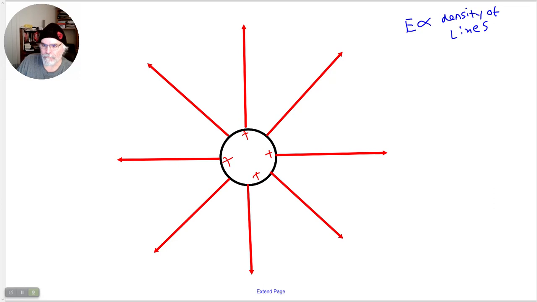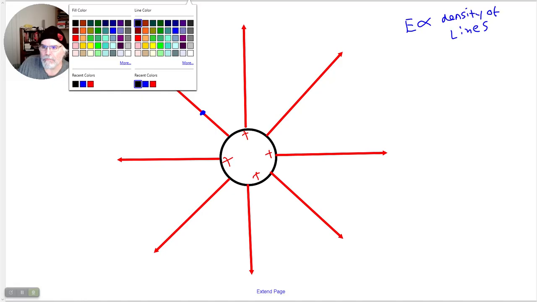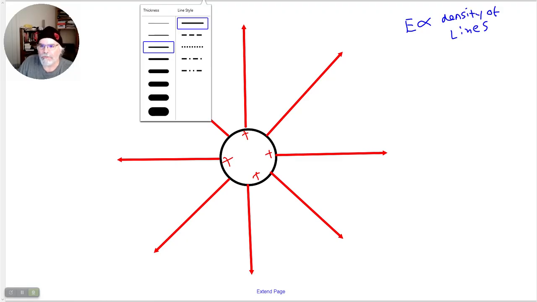If we come out here, where we have a new potential, if I draw a circle, let's see if I can do this here. I'm going to draw a blue circle, fill color none, line color blue, line weight 1.